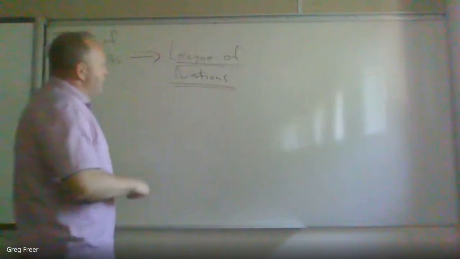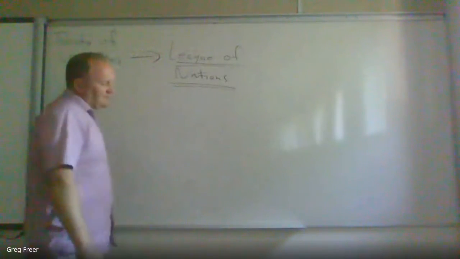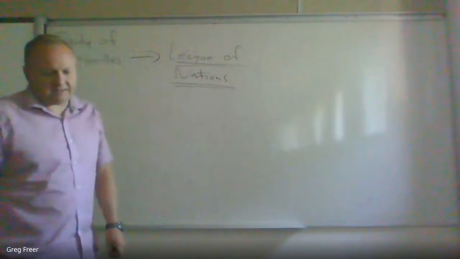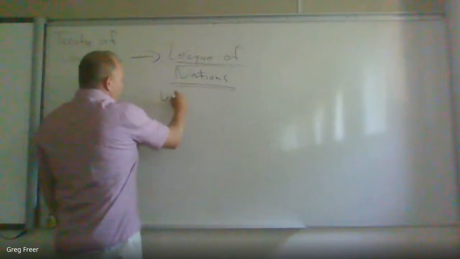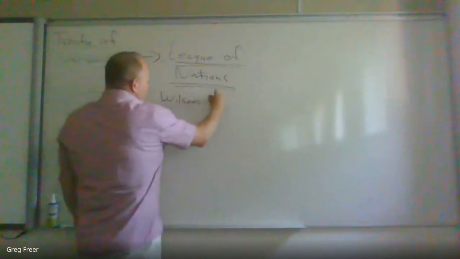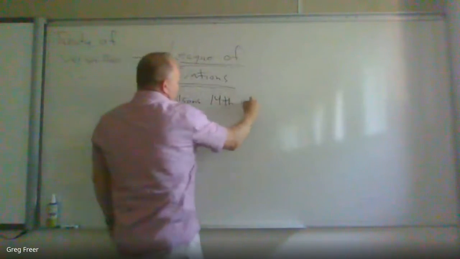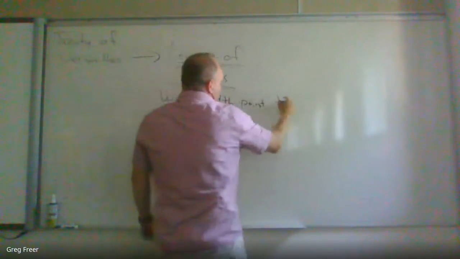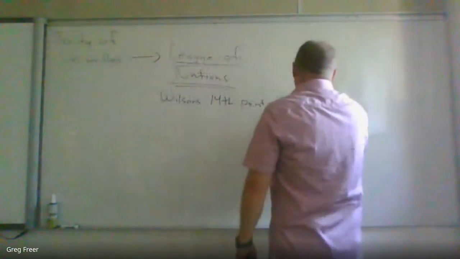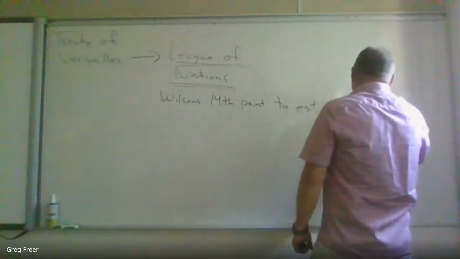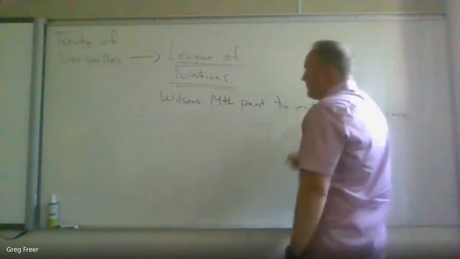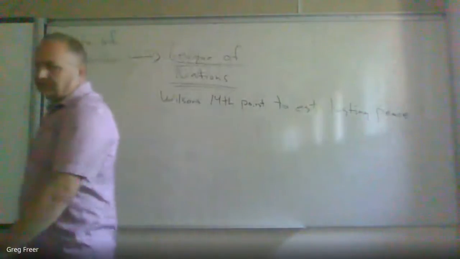So the first part of the case study sheet is the facts. So the first one is Wilson's 14th point to establish lasting peace. That was the goal.